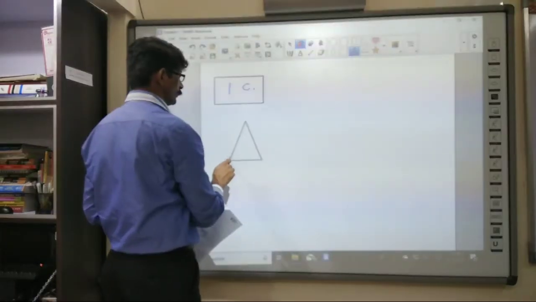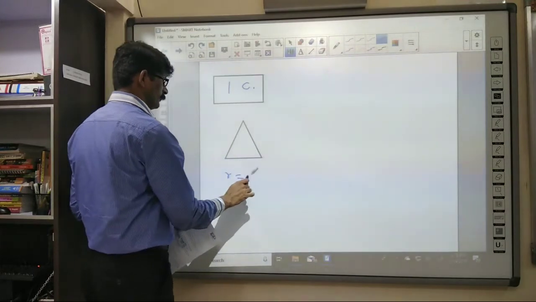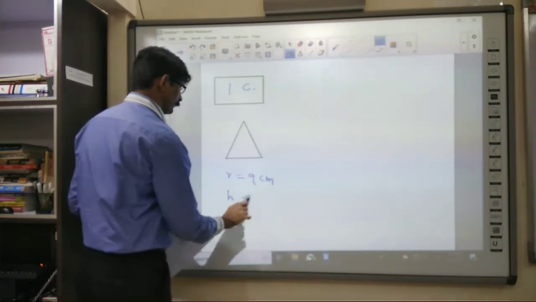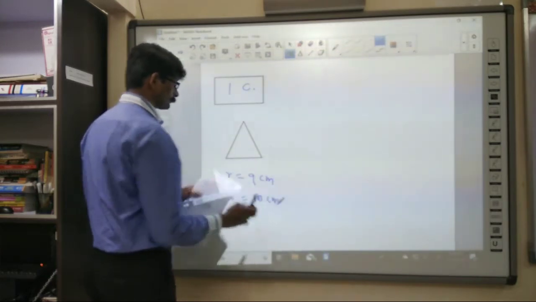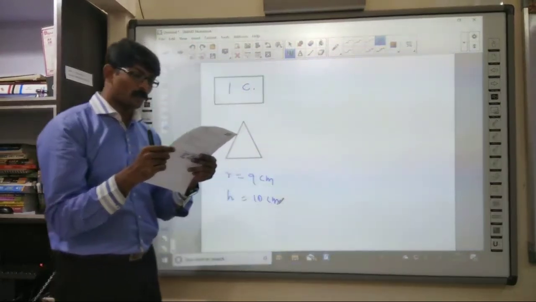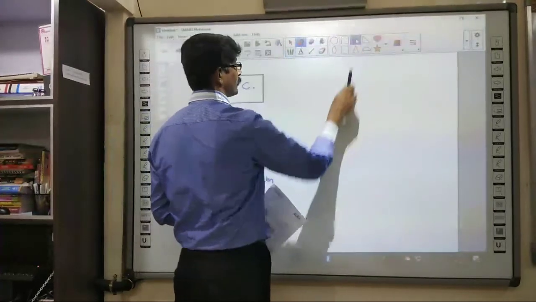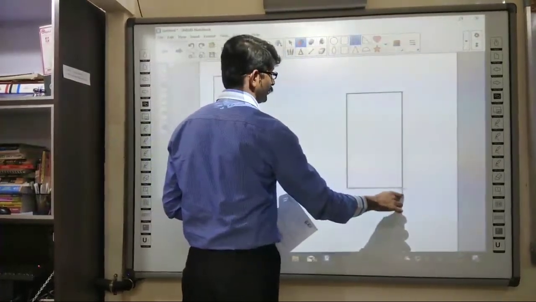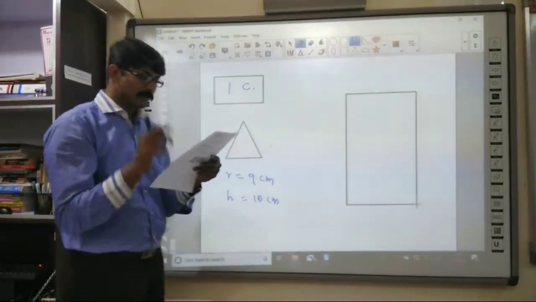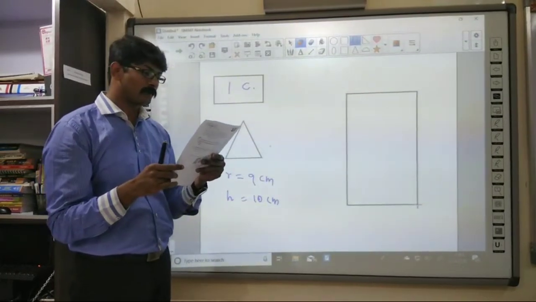The solid cone whose radius is given as 9 centimeters and height is given as 10 centimeters is lowered into a cylindrical jar of radius 10 centimeter. Now there is a cylinder, so I am just drawing a cylinder, something like this, which contains sufficient water to submerge the cone completely. Find the rising water level in the jar.